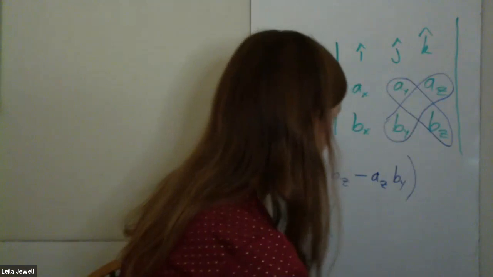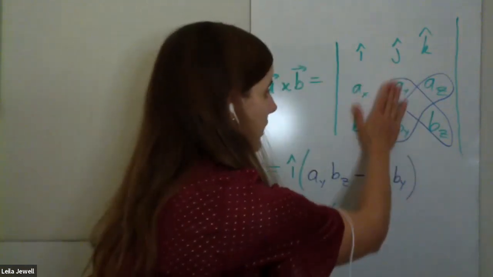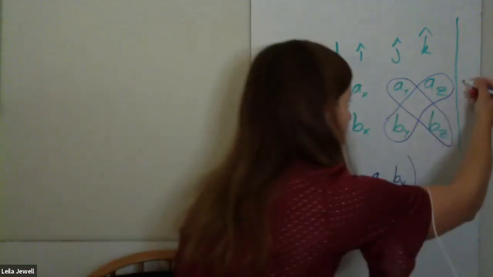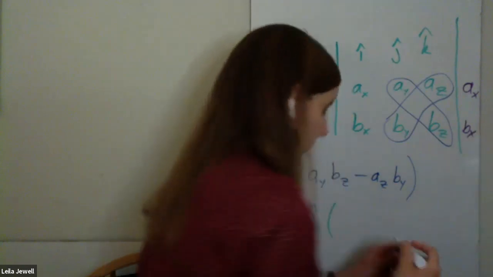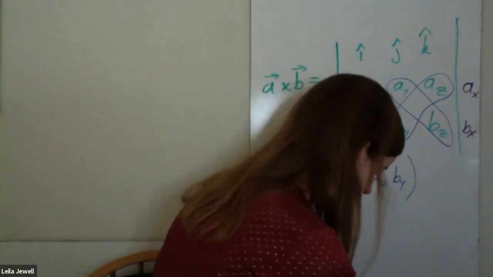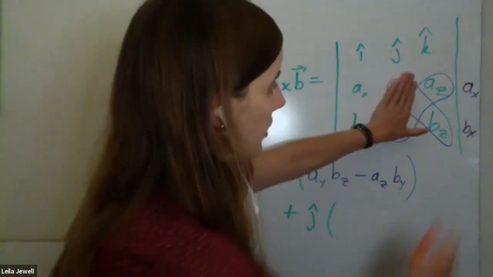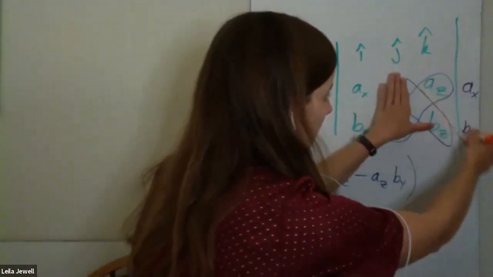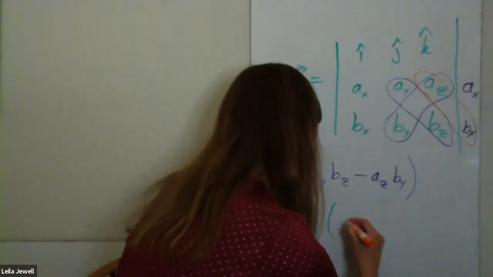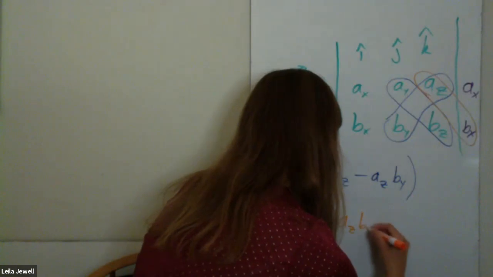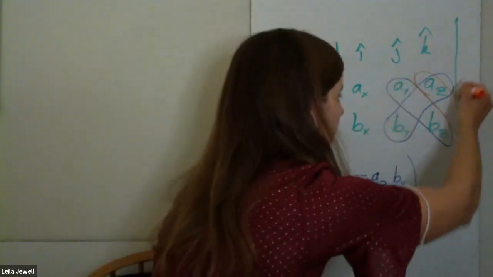So I'm going to add on these x components to the far right here, A sub x and B sub x. Now, when we cover up our j hat, we can just do it with these ones over here. So A sub z times B sub x minus A sub x B sub z.